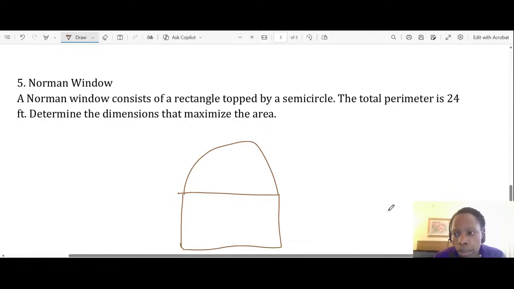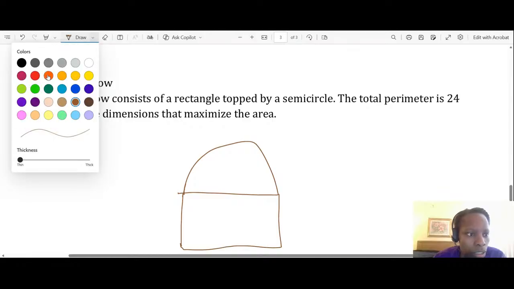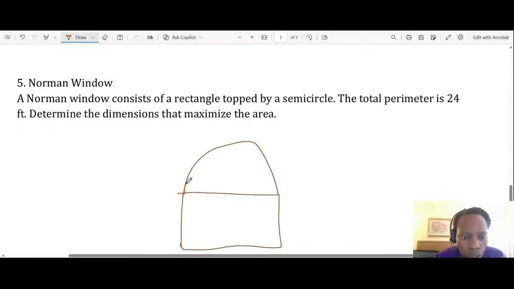The total perimeter is 24 feet, so all of this all the way around. The perimeter all the way around equals 24 feet. Determine the dimensions that maximize the area.